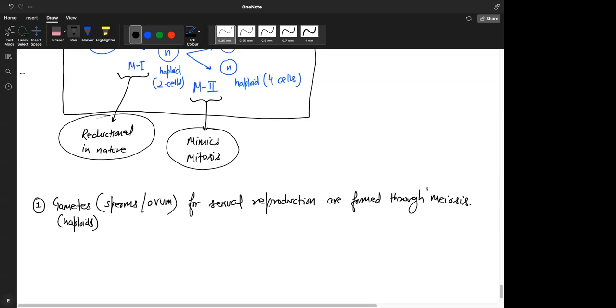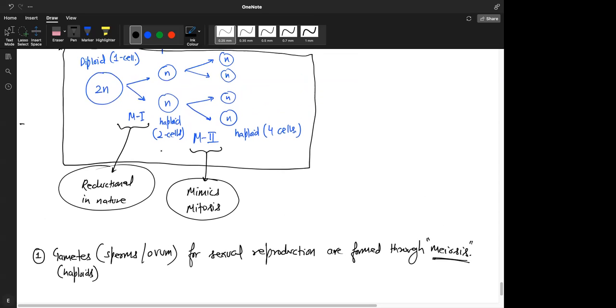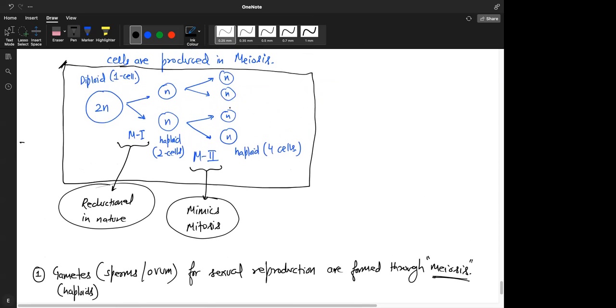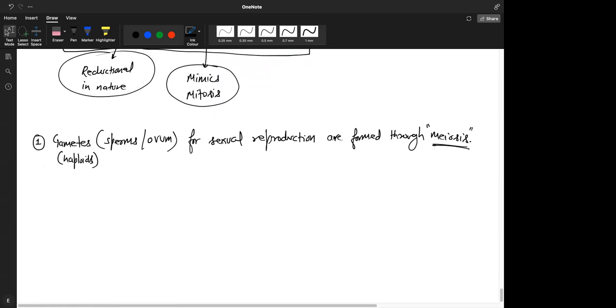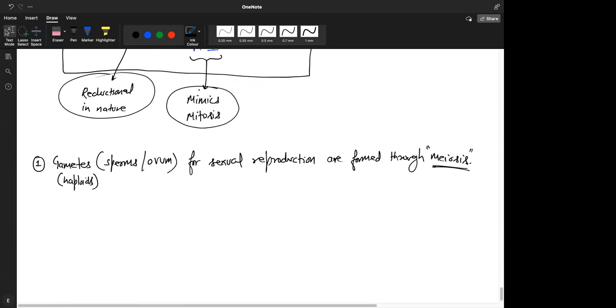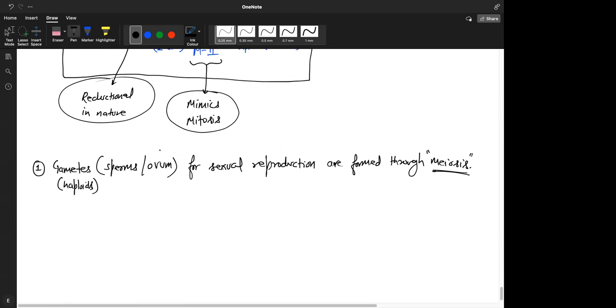Meiosis is very, very important for sexual reproduction, because if meiosis does not happen, then from a diploid cell, we will not be able to make haploid gametes. And if we are not able to make haploid gametes, then the problem of maintaining our genome, our ploidy, will be there. For example, a male human is diploid, right?